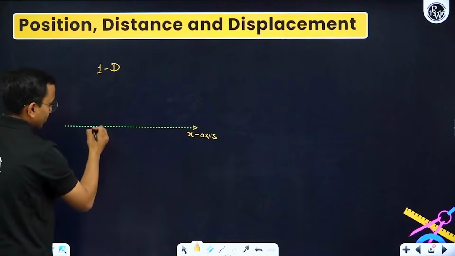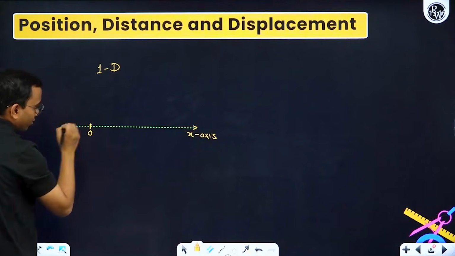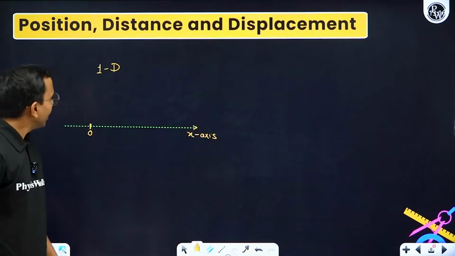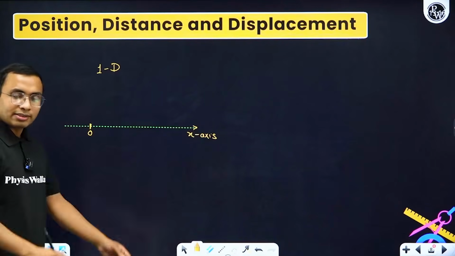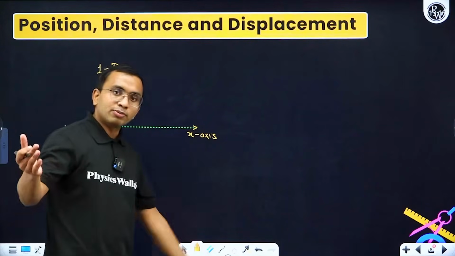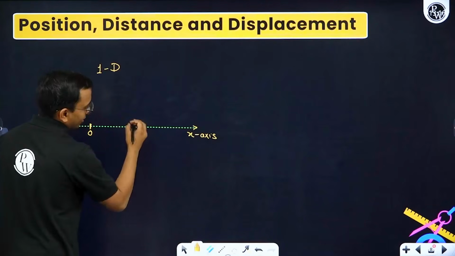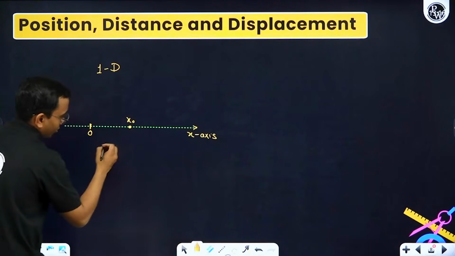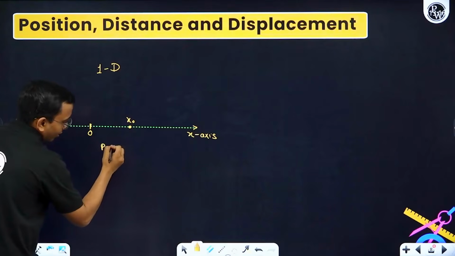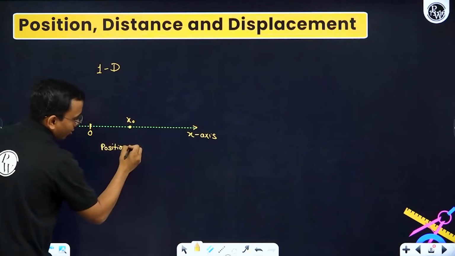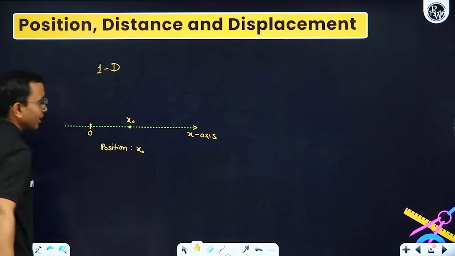Now let us take this as my origin, x equals 0 here. The particle is moving along the x-axis. At some instant you want to write its position. How will you say? Let us take the particle is somewhere here, and this is x naught. So you'll say the position is x naught, isn't it?